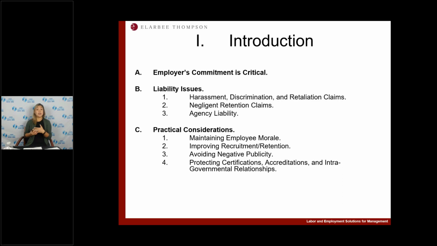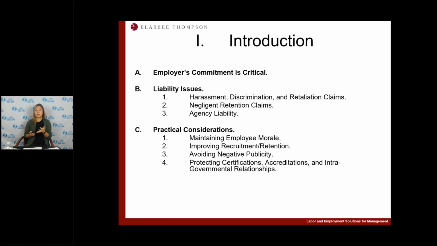which under Georgia law, if as an employer you knew or had reason to know, with a reasonable amount of due diligence, that an employee had a potential to harm a third party, the employer can be held civilly liable.